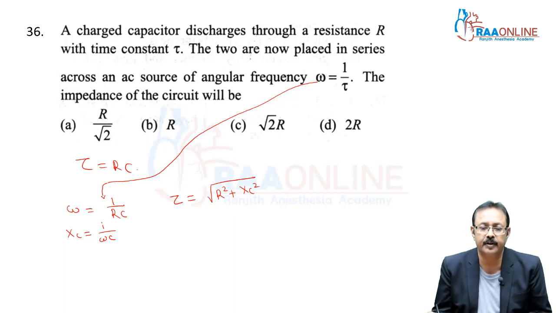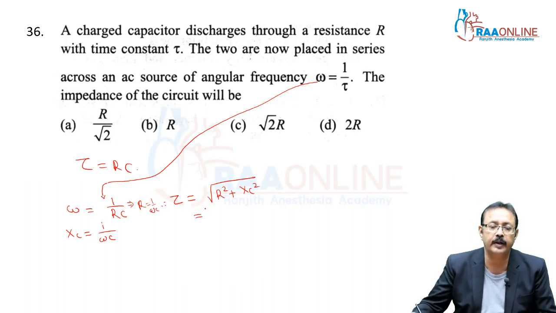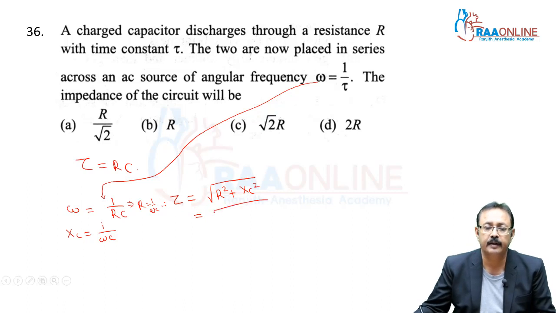And from this relation, what is 1 upon omega C? R. R is 1 upon omega C. Therefore, we can calculate: R square plus 1 upon omega square C square.